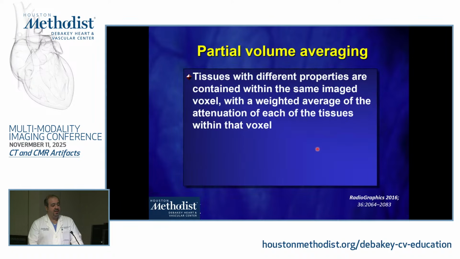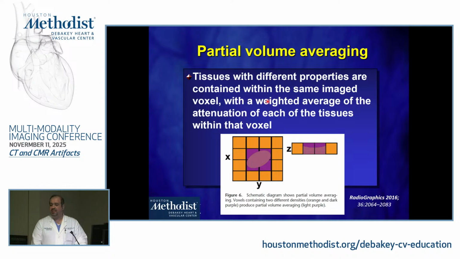This is a concept of explaining why does calcium overestimate stenosis and why does it bloom. The concept of partial volume averaging is that you have different properties within one slab or within one voxel. It's contained within the same image, but each one has a different weighted average, meaning that each one is going to attenuate the X-ray beams differently.